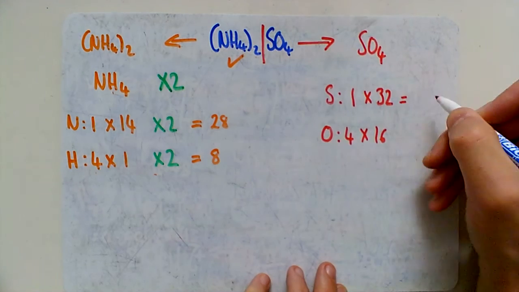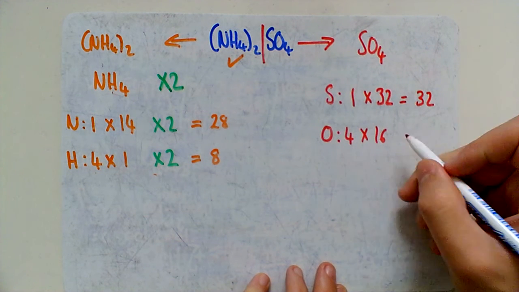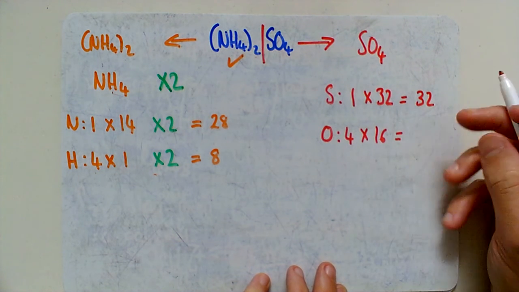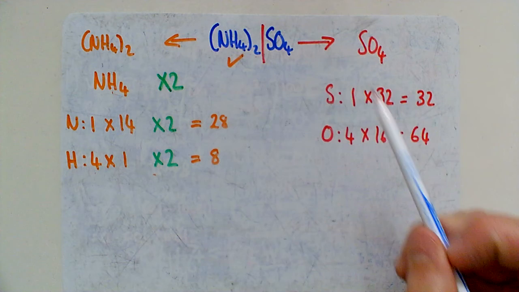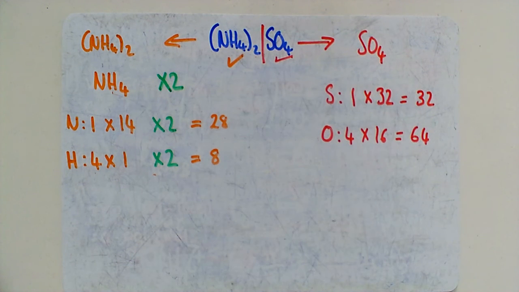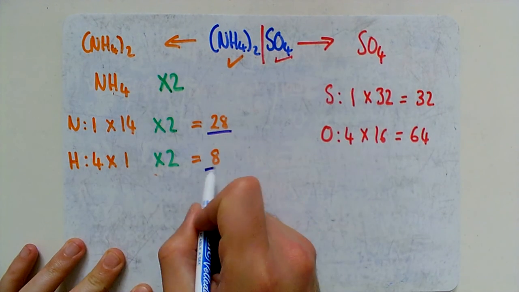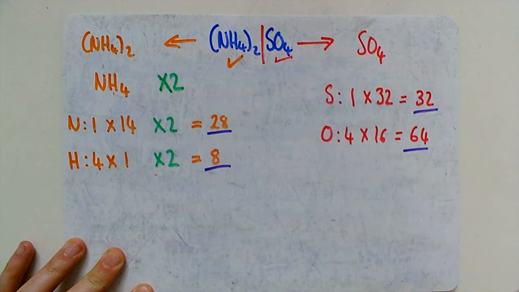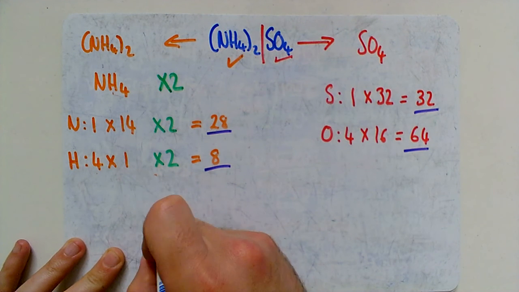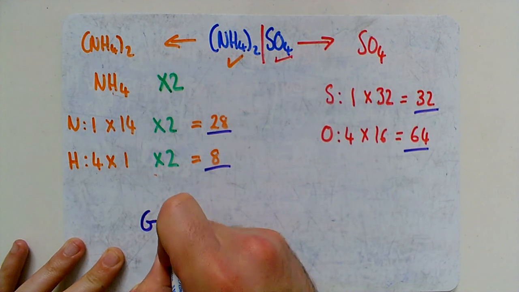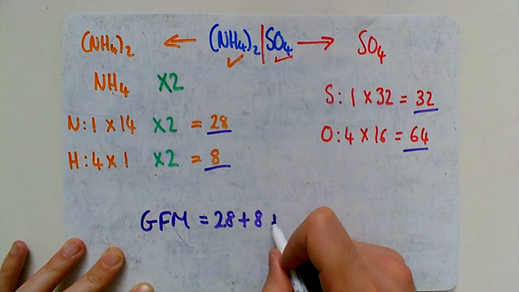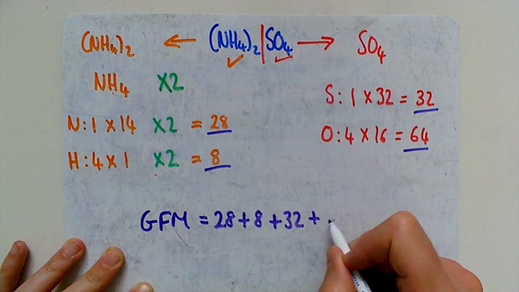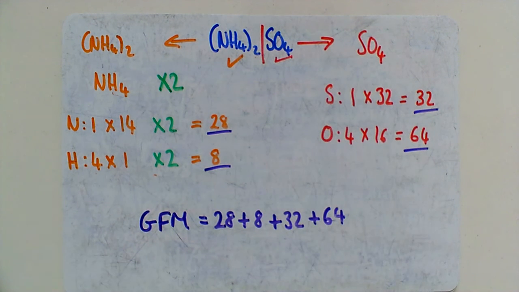So now we do the multiplication. 4 times 16 is 64. And we've done this side. So we've done both sides. And now we're going to add up all the numbers. So we have got gram formula mass is 28 plus 8 plus 32 plus 64.